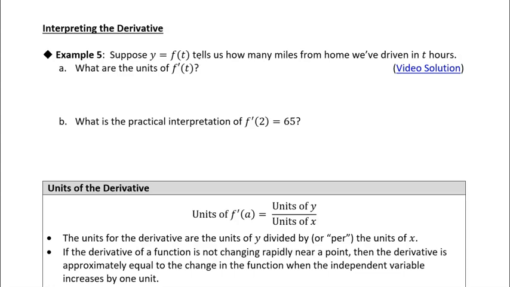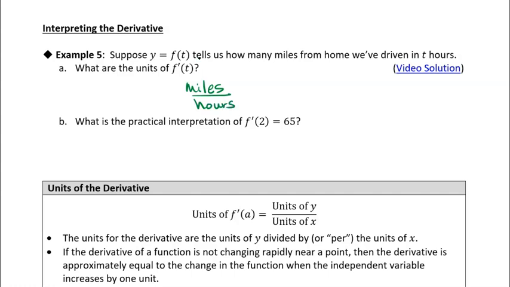The first question is just, what are the units of f prime of t? Well, f prime of t is just going to be the instantaneous velocity, and because f is in miles, and t is in hours, we're going to get miles per hour.